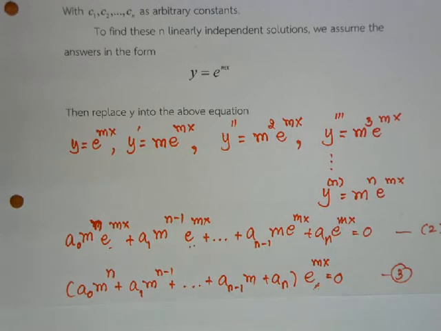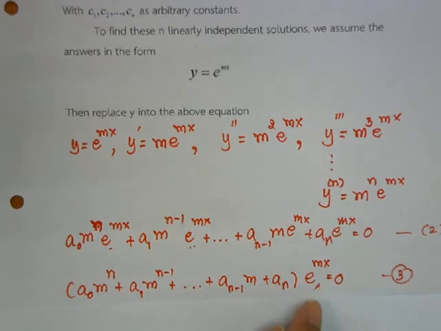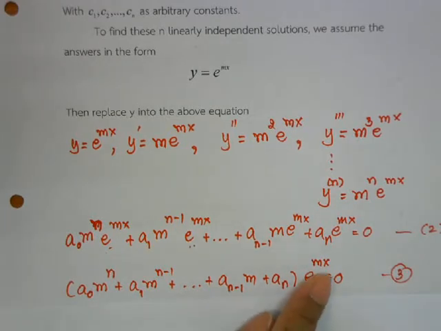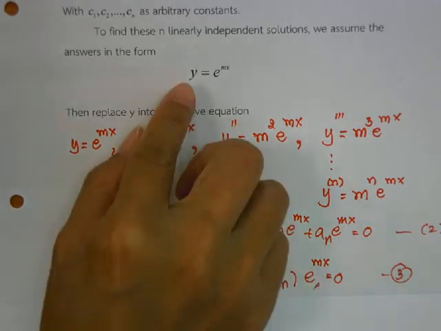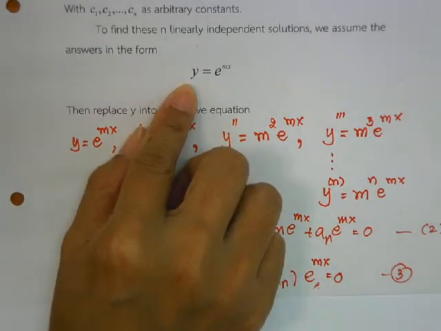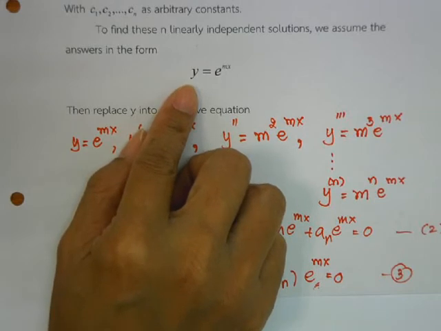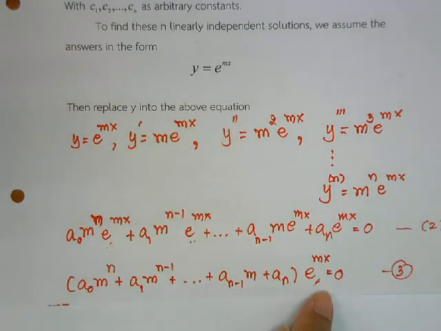In order for equation 3 to be true, either exponential of mx equals 0 or the term inside the parentheses equals 0. But exponential of mx equal to 0 doesn't make sense. That would mean y equals 0, which is not a useful solution. So this one can't be right.